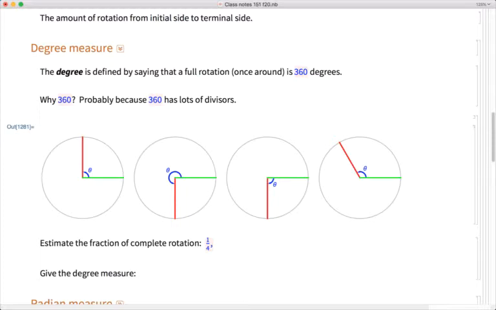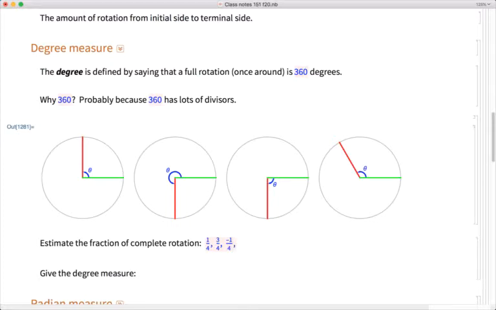The second angle looks like we're going 3/4 of the way around. The third angle, well, it looks like we've gone 1/4 of a revolution, but we've also gone in the clockwise direction. So we're going to call that negative 1/4 of a revolution.